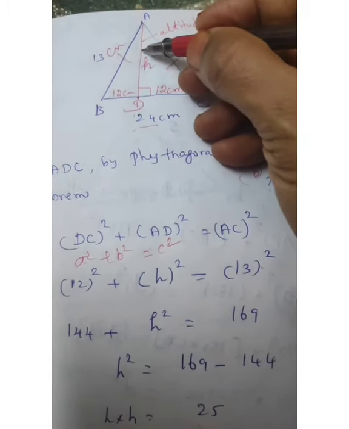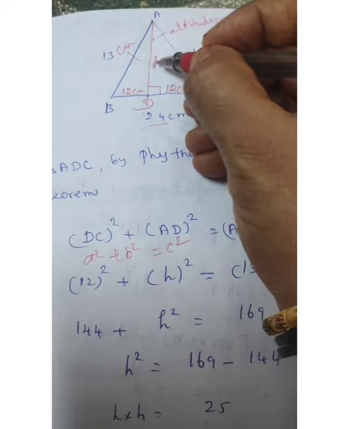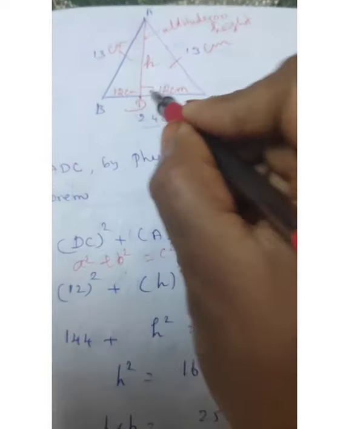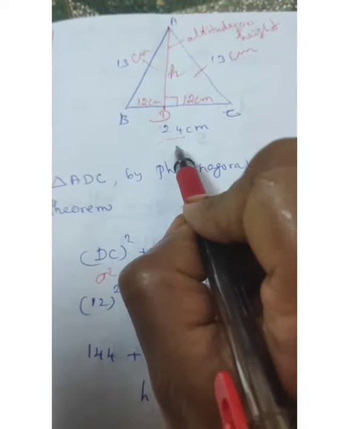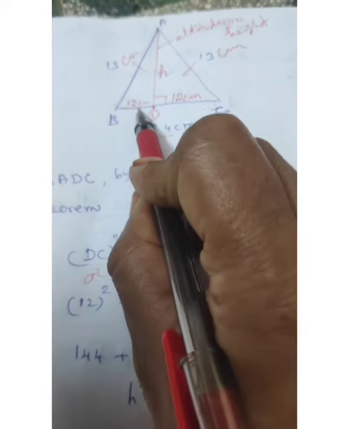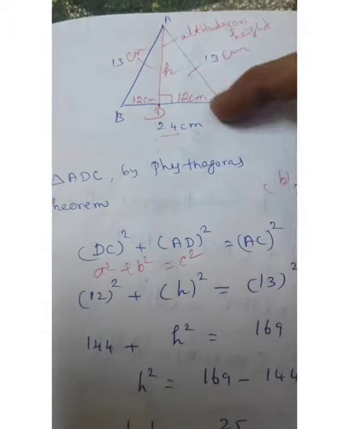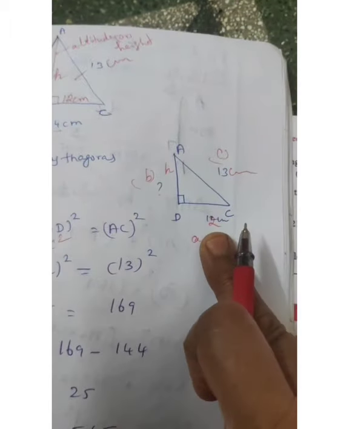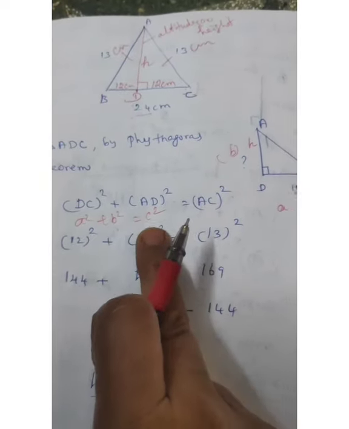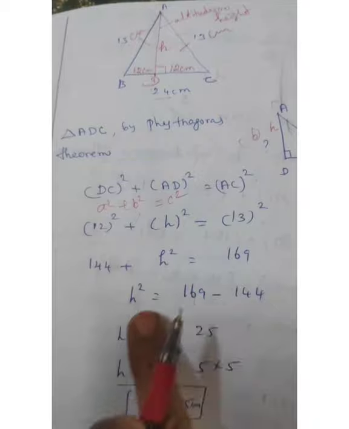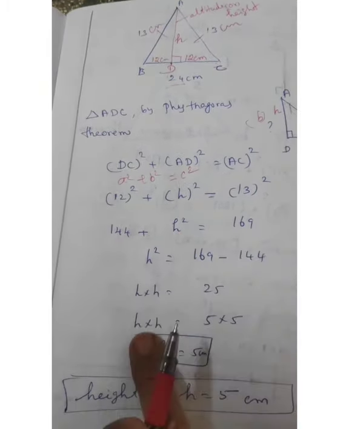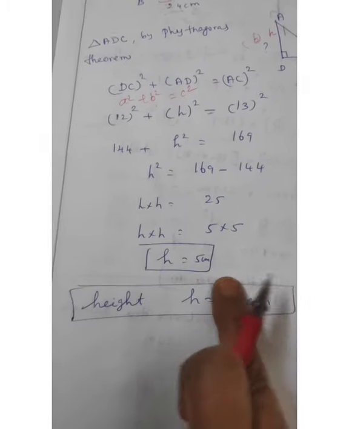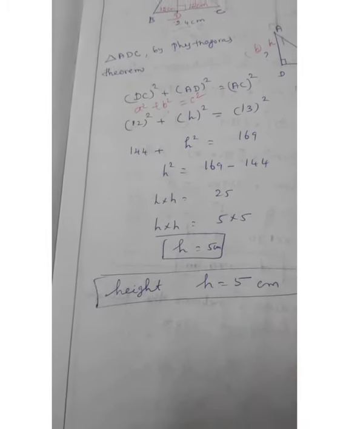This line is called the altitude or height, H. The median point is D. 24 is divided equally, so 24 half is 12 centimeters on each side. Take this one side and do the sum. A squared plus B squared equals C squared. 12 squared is 144, plus H squared equals 169. Minus gives 25. H equals 5 centimeters.